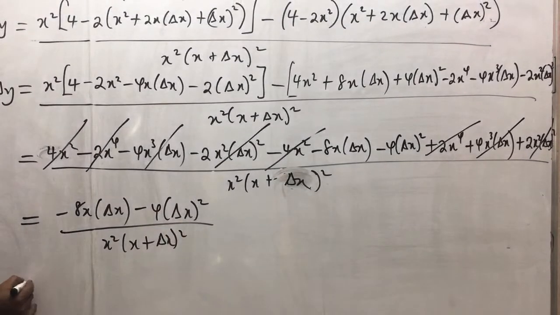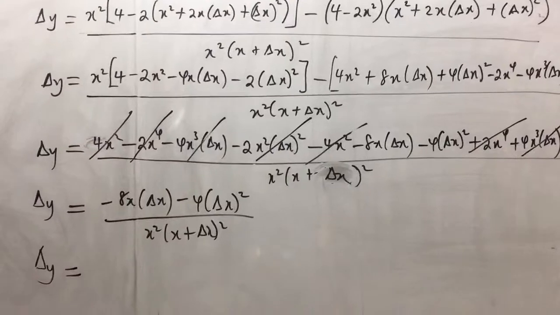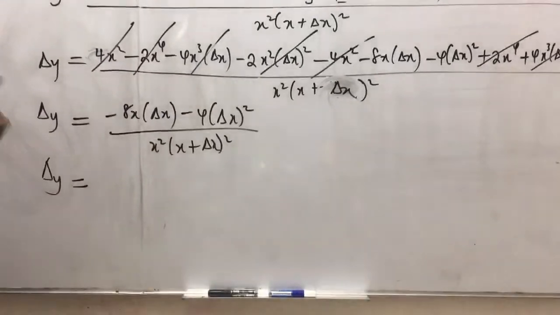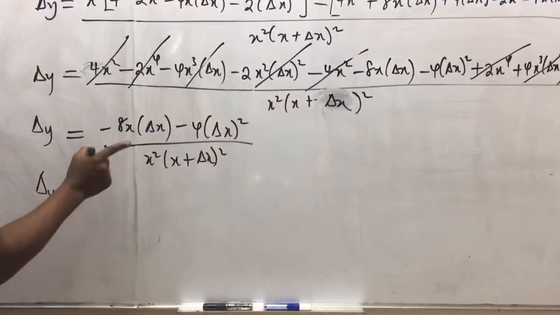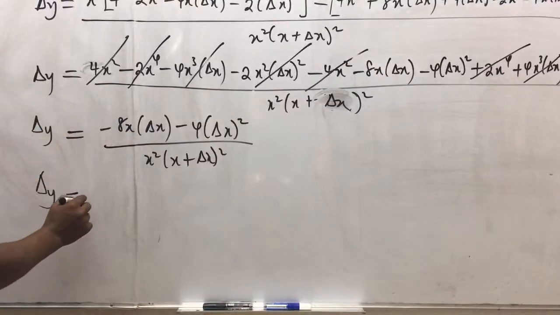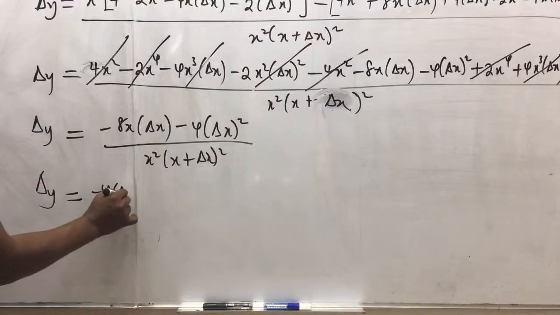Now, I could factorize. Remember, we are still on change in y. In the numerator, notice that you have change in x common, and I could bring out change in x, and you also have 4, minus 4 common. So I'm going to bring out minus 4 change in x.